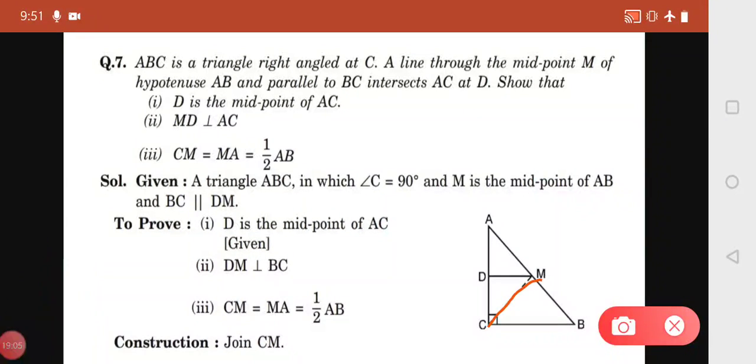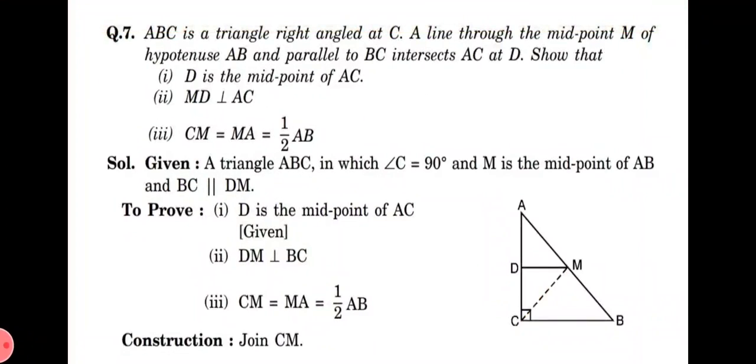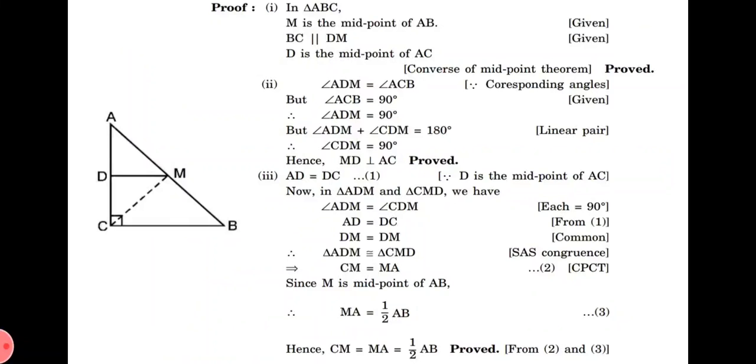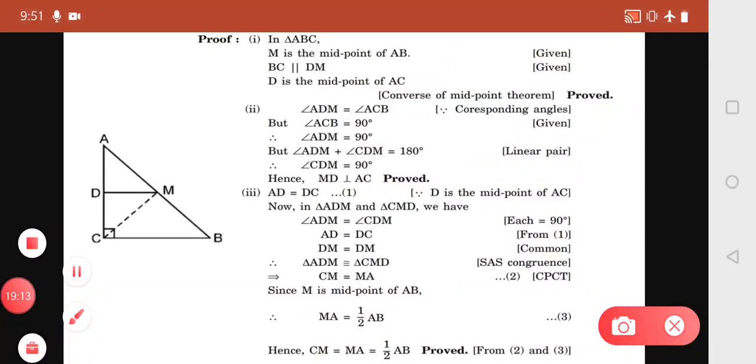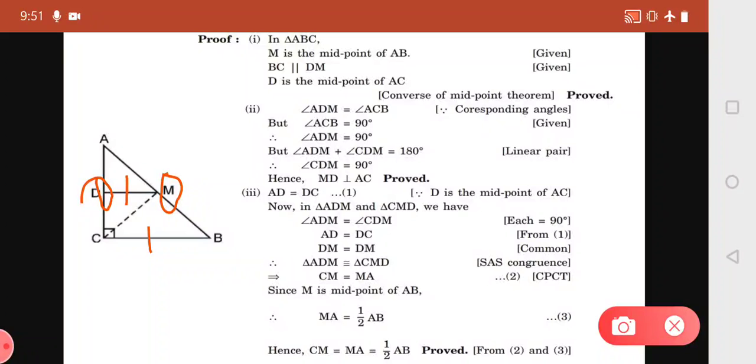For proof, in triangle ABC, it is given that M is the midpoint of AB. Also it is given that BC is parallel to DM. Therefore we get that D is the midpoint of AC by converse of midpoint theorem.